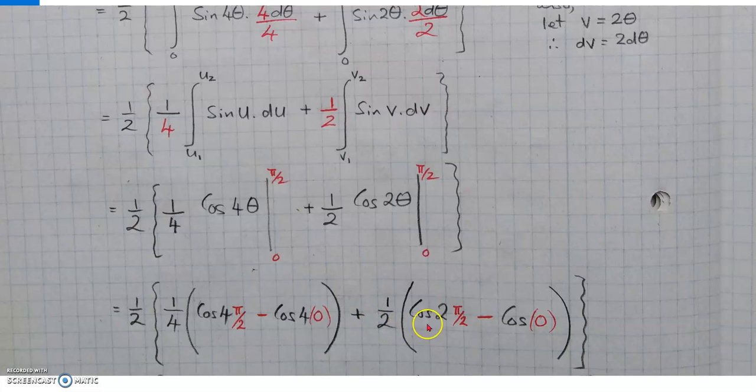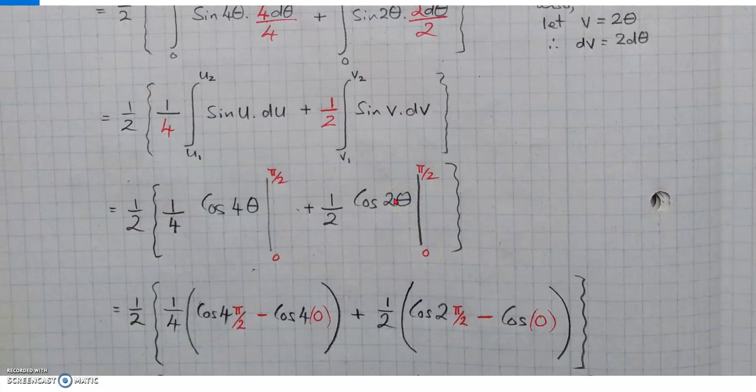And if you do the same over here, you must have the brackets because this half is multiplying everything inside the brackets, just as this quarter is multiplying everything inside that bracket. So now you put in pi over 2 for theta there, minus the cosine of 0, which is putting in that limit there.